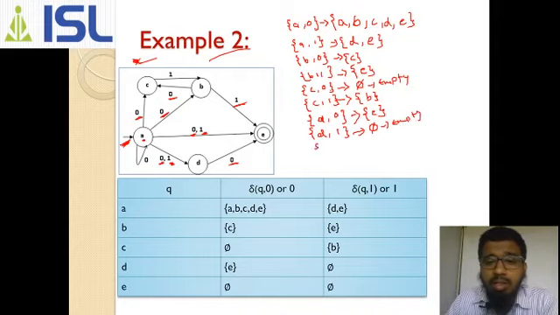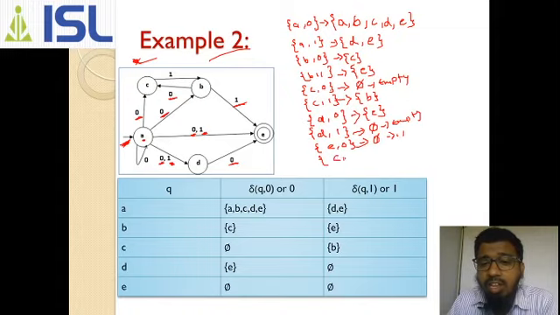Next, E comma 0. E does not have any output string. All of it is incoming. There is no output, so this is also empty. And the same for E0 and E1, both are empty.